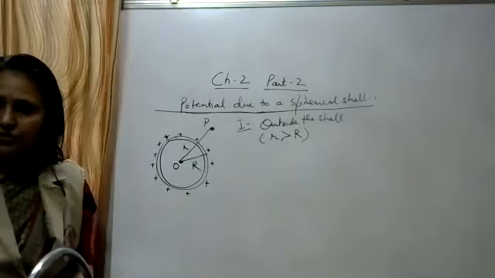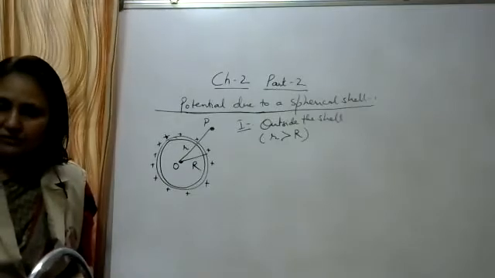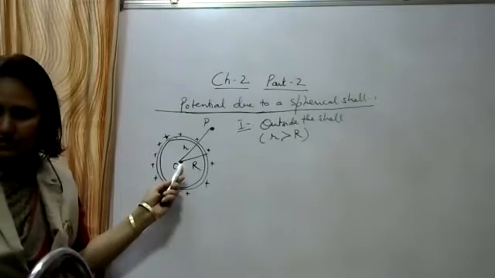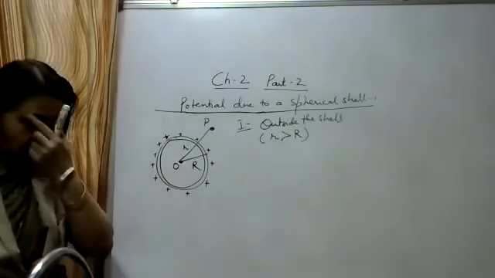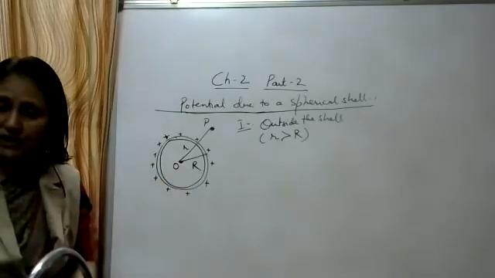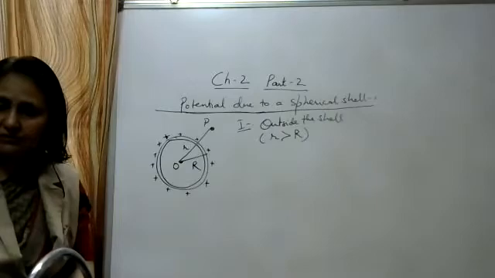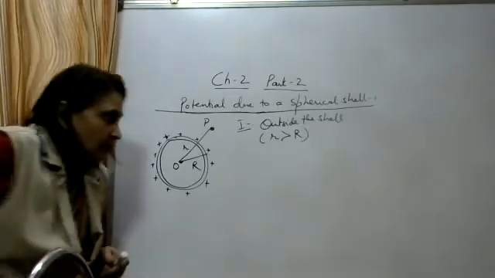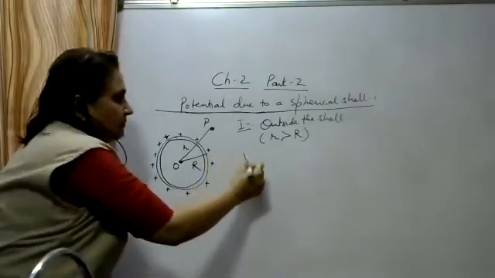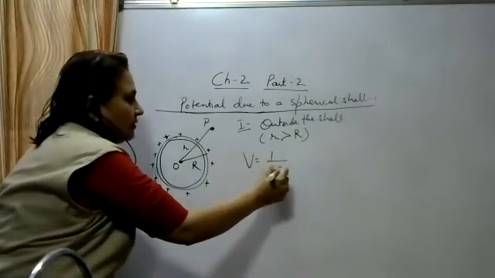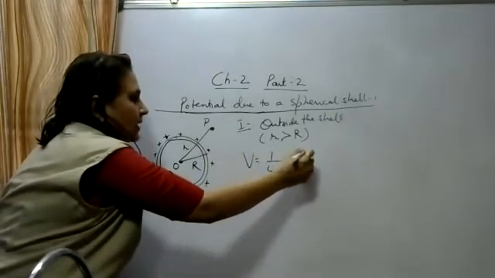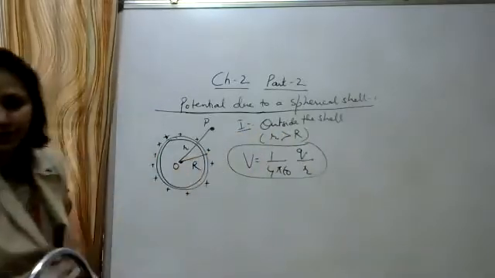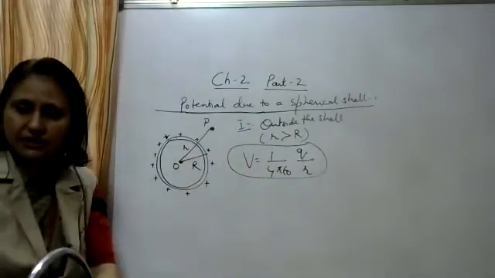Write down. So the potential due to the point charge is given by 1 upon 4 pi epsilon naught Q by R. So this is the expression for the potential outside the shell.